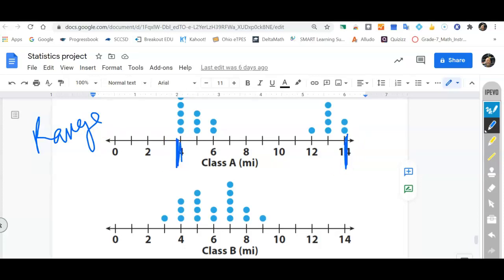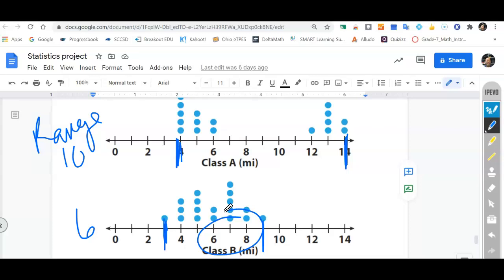So the range on this one is 10. The range on this one goes from 3 to 9, which is 6. So which one has a lower variability, Bailey? B has a lower variability because its range is smaller.